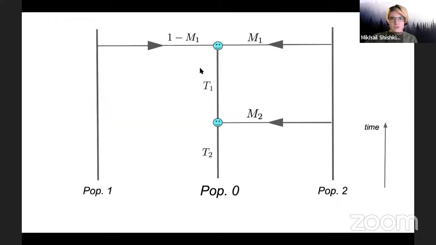And now let me remind you about the model that we're investigating. We have two admixture events. In the first admixture event, the admixed population was founded by two source populations, and this event occurred T1 plus T2 generations ago, with admixture proportions M1 and 1 minus M1.